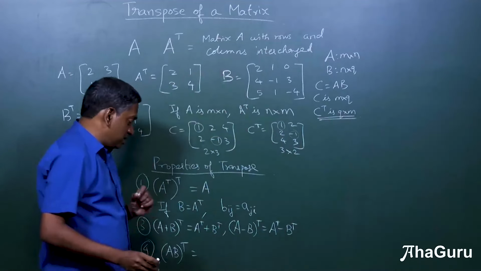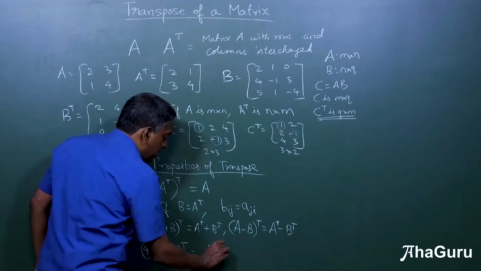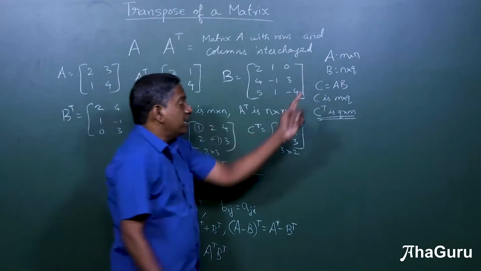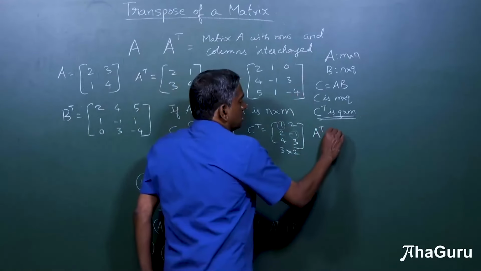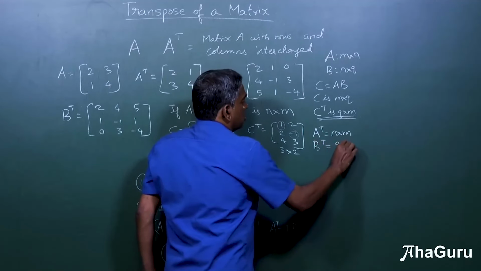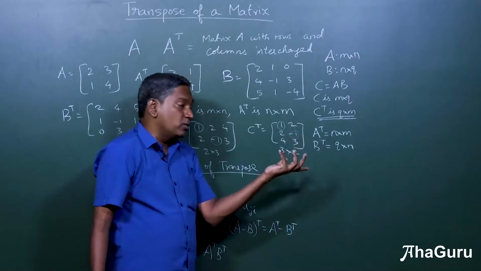So which means definitely we can't say it is A transpose, B transpose, for many reasons. One is A transpose is n by m, B transpose is q by n. Now, A transpose times B transpose may not even be possible because m and q need not be equal, right?